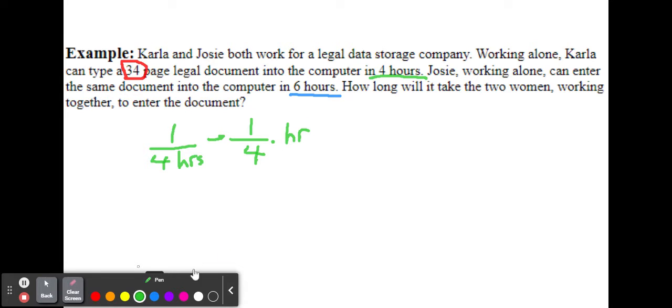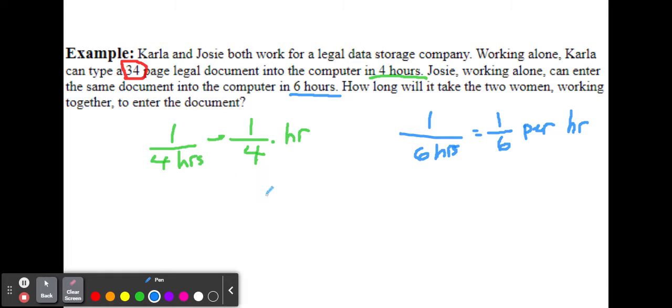Josie is a little different because she's doing one job in 6 hours. If we divide 1 by 6, that's just 1/6. So her rate is 1/6 of the job per hour. And that shows us what we have to go with into solving the problem, which we'll do next.